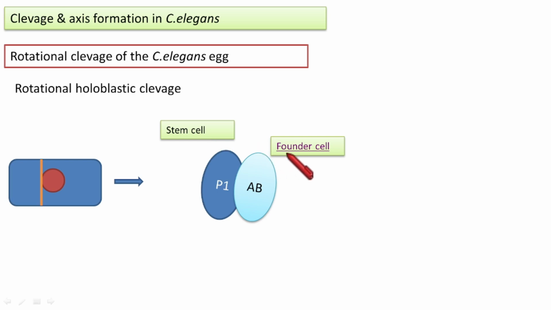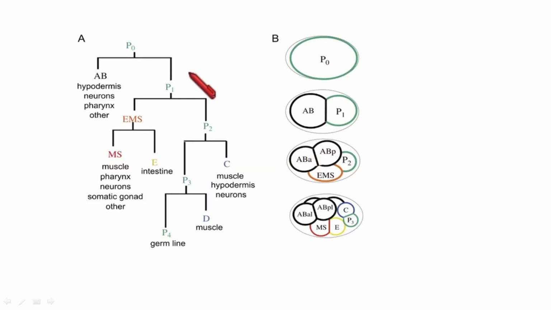I will show you a picture. It will show how that division proceeds. This is the first stage. As it divides, two cells form, a stem cell and a founder cell. We can see here this founder cell will become the future cells of hypodermis, neurons, pharynx and some other tissues.